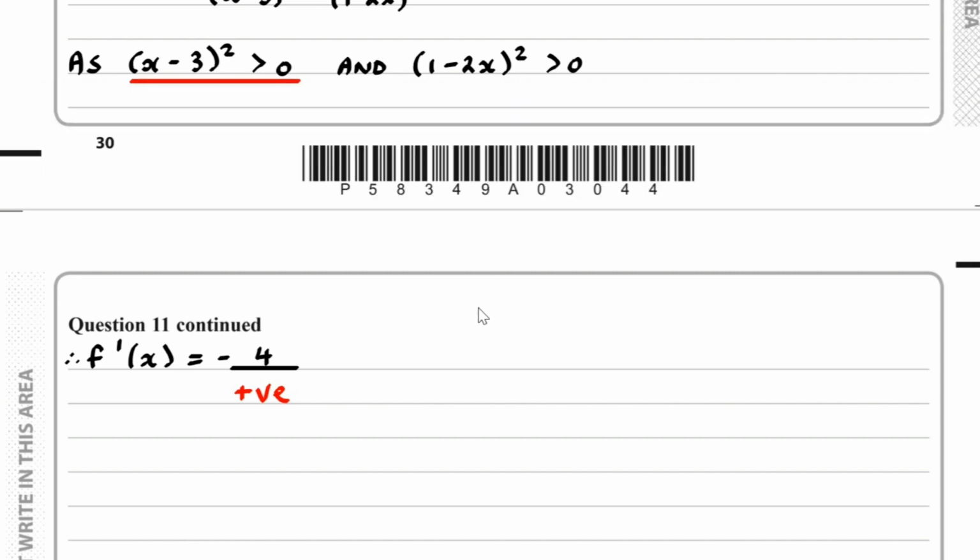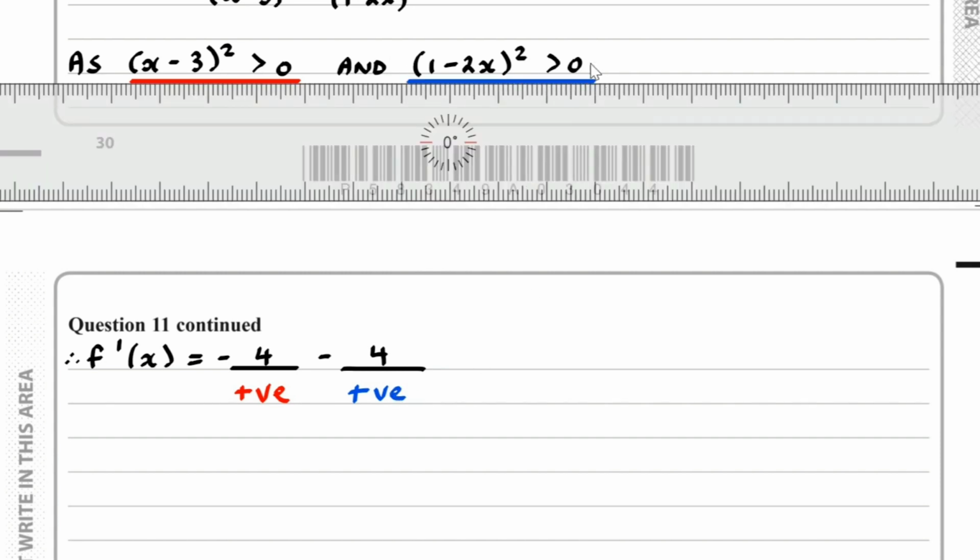And then we've got as well the negative 4 over something again which is positive, and that's this over here.